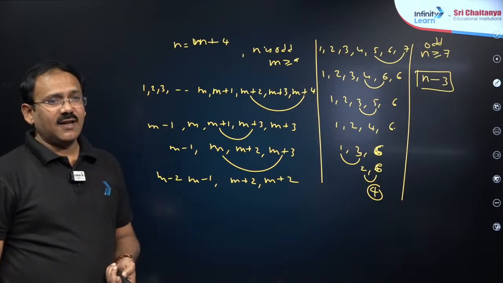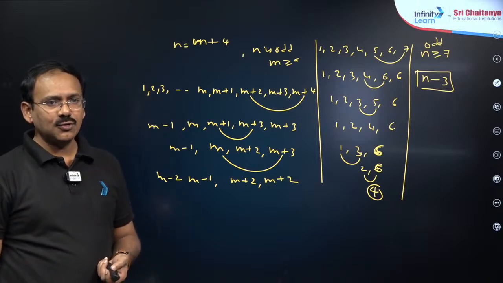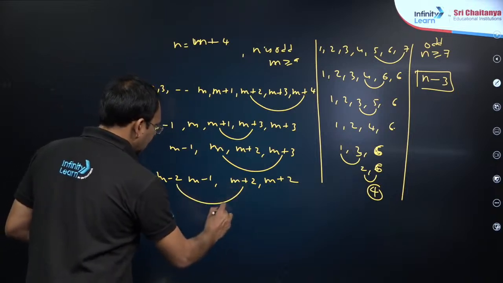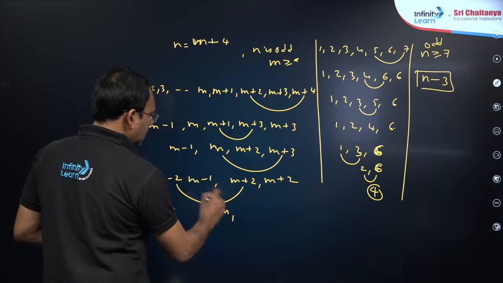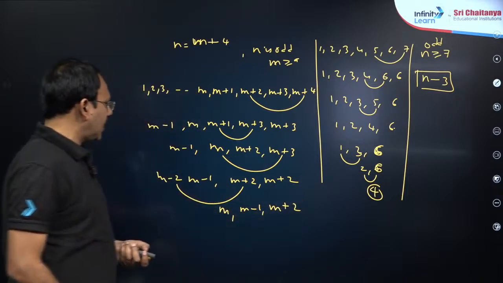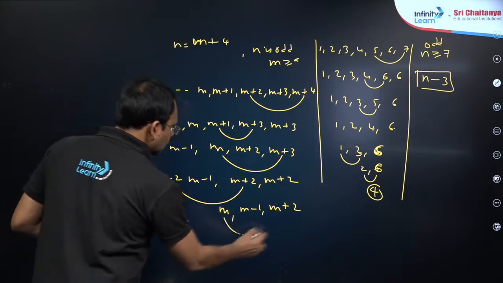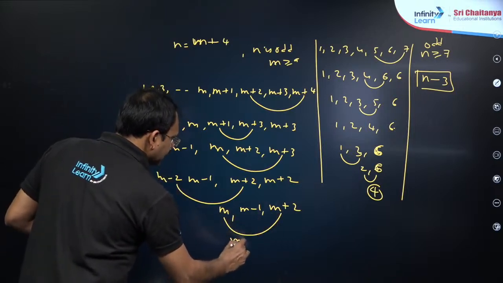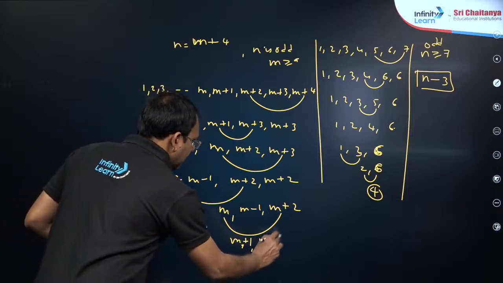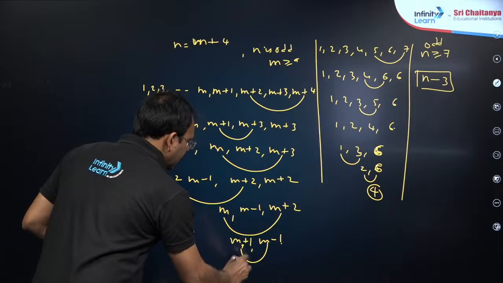In this stage, my dear friends, if you take up to m minus 2, for these two you will get m, and you will get m minus 1, m plus 2. So m and m plus 2, you are left with m. This is m plus 1 and m minus 1. For these two, you will get m.